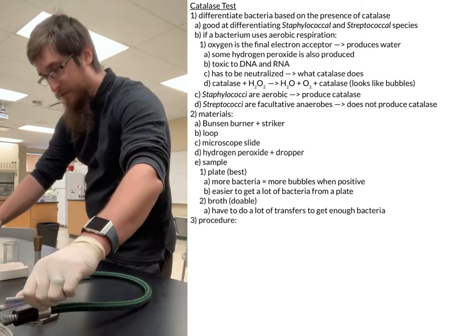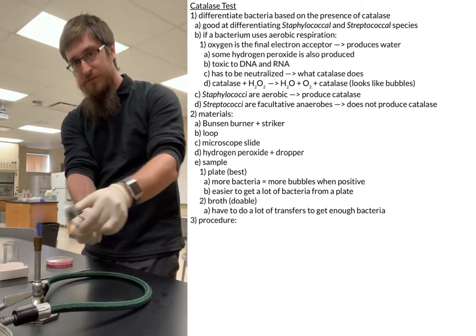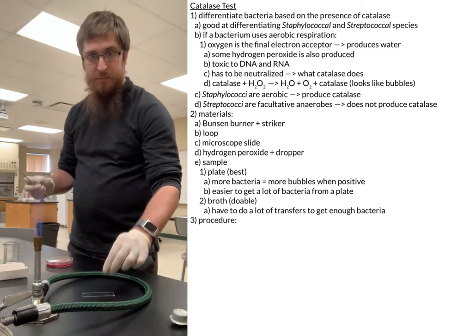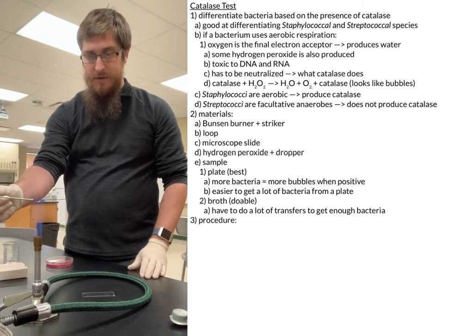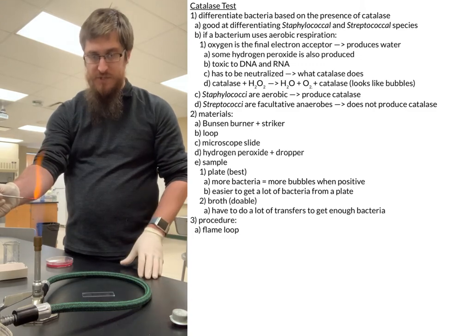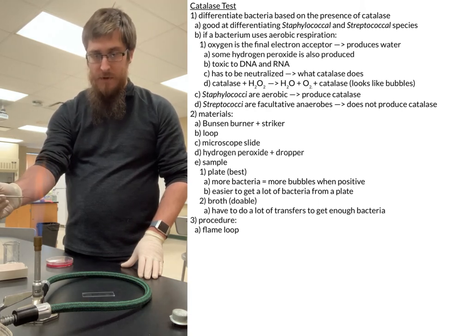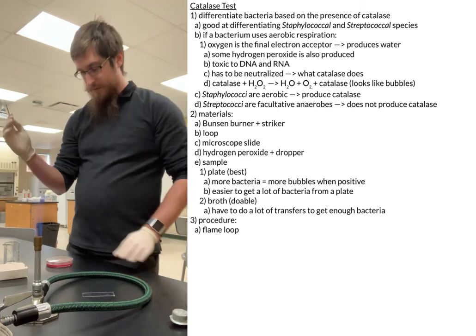So let's go ahead and light our Bunsen burner here. Get our slide ready. I'll put it there for now. And let's make sure that, of course, we transfer everything aseptically. Get our loop nice and sterilized. All right.